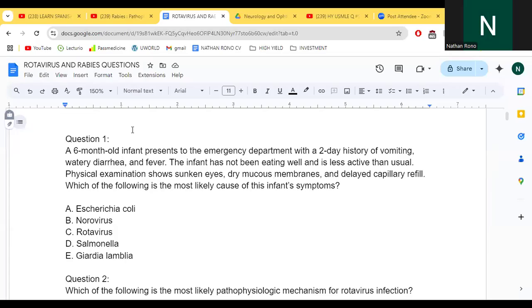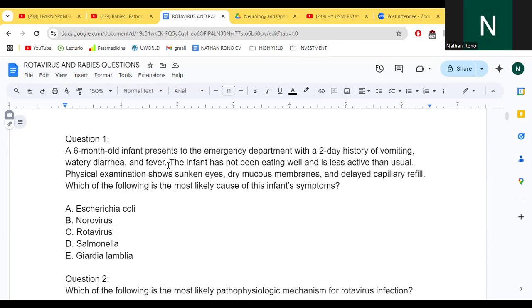Okay, question 1. A 6-month-old infant presents to emergency department with a 2-day history of vomiting, watery diarrhea, and fever. The infant has not been eating well and is less active than usual. Physical exam shows sunken eyes, dry mucous membranes, and delayed capillary refill. So the following is most likely cause of the infant's symptoms. So what's the answer? C, rotavirus.